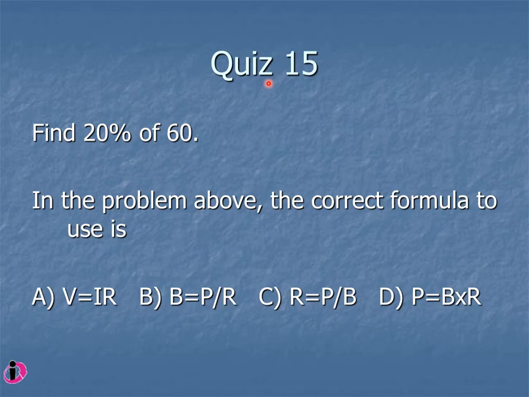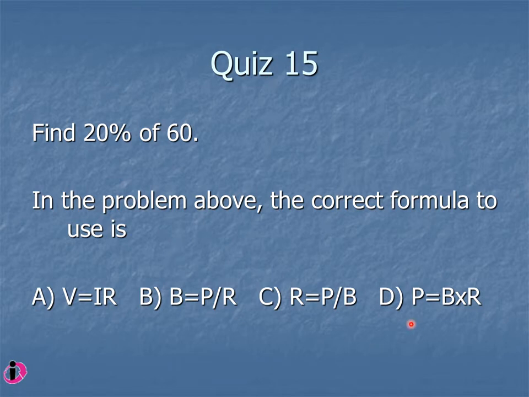How do you find the portion? Which formula are we using? We have three formulas, right? One for base, one for portion, and one for rate. Since the portion is unknown, we'll be using the formula for the portion. Which one is the formula for the portion? Exactly, the last one, D. That is the right answer.